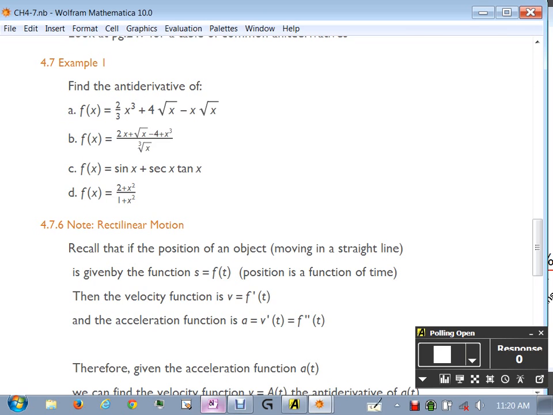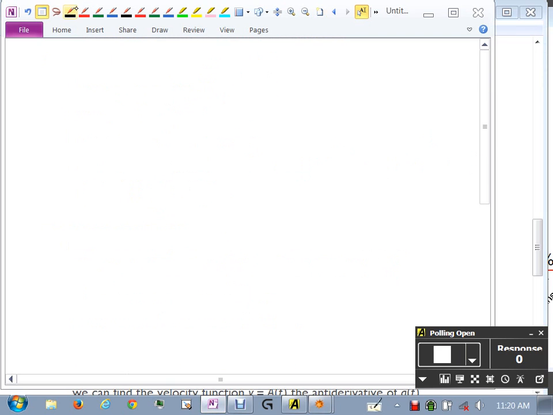I'd like for us to try and find, if possible, the general antiderivative of little f of x equals 2 plus x squared over 1 plus x squared.